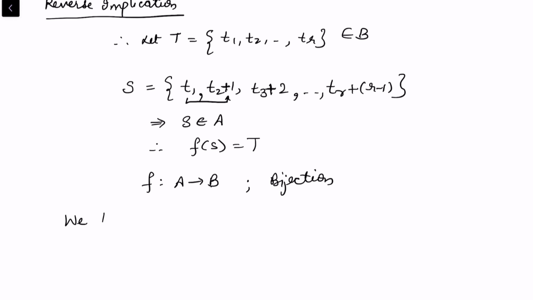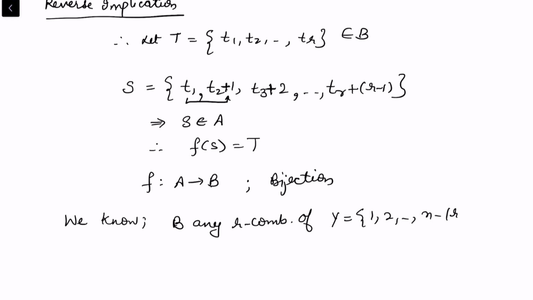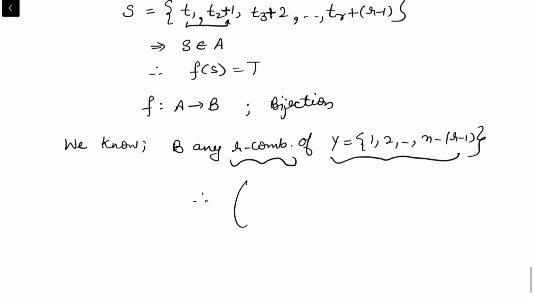Now we know the cardinality of the set B. Let's recall what set B is. B is any R combination of Y, and in Y we have considered 1, 2, up to n minus R plus 1. So from this total set we want to choose any R elements, and there are n minus R plus 1 choose R ways.